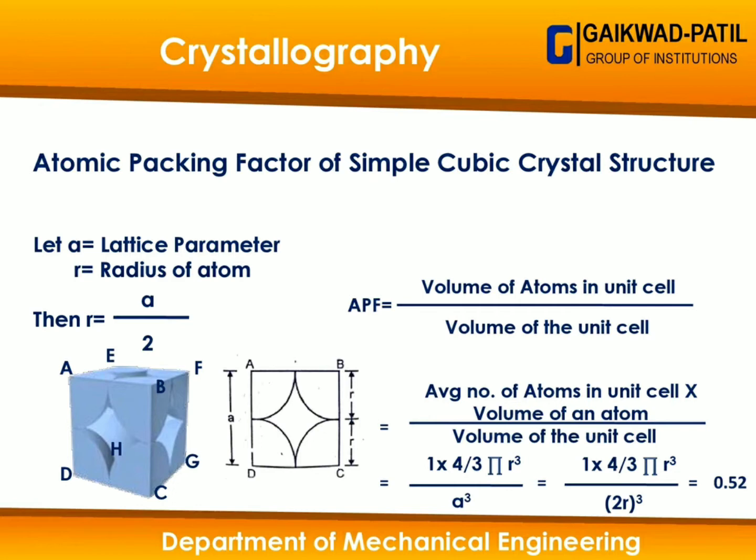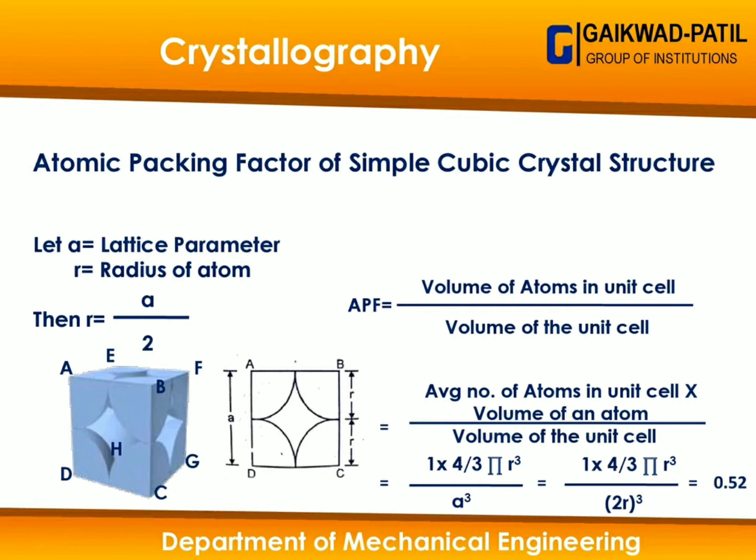The average number of atoms in the unit cell that we calculated for the simple cubic crystal structure in the earlier lecture is 1. And we all know that the atom we are considering is of spherical form, so the volume of a sphere is 4/3 pi r cube, upon the volume of the unit cell, which is a cube, right?